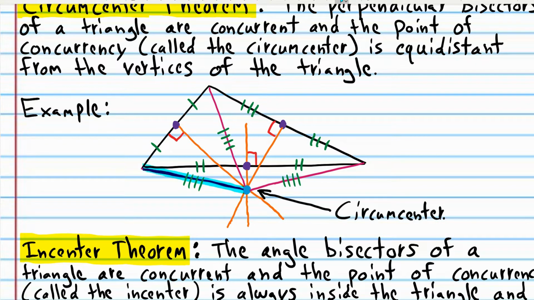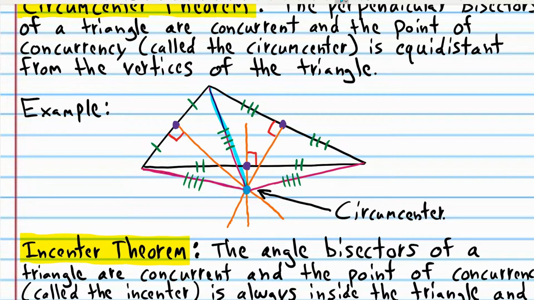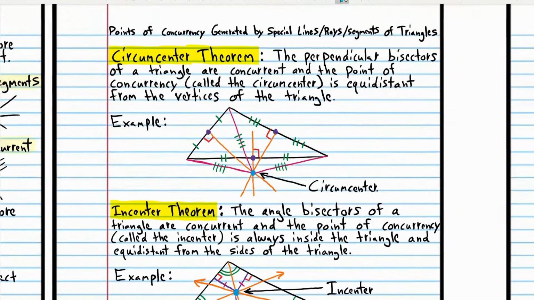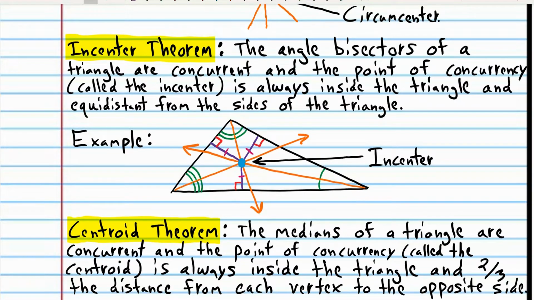This length is equal to this length is equal to this length. So that's what the Circumcenter Theorem tells us. Those distances to the vertices of the triangle are all the same. And I know what you're thinking. You're thinking, who cares? Well, we're going to do practice problems with these later on. That's the Circumcenter Theorem, based on perpendicular bisectors.